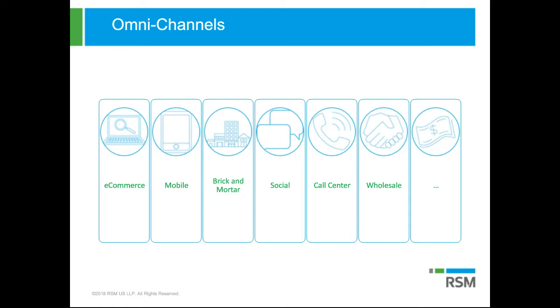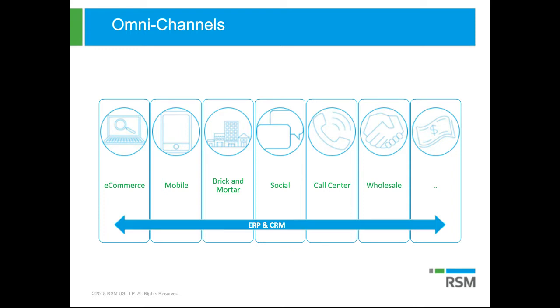So for the purposes of this call, and there's a little bit more to it once we dig into the upmarket industry, really it is a shared ERP and a shared CRM system, and the ability for all of these channels to actually interact with the system in real time or close to real time.